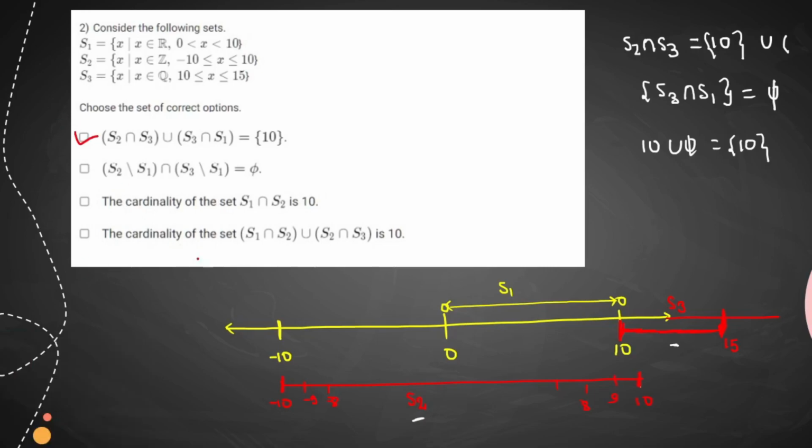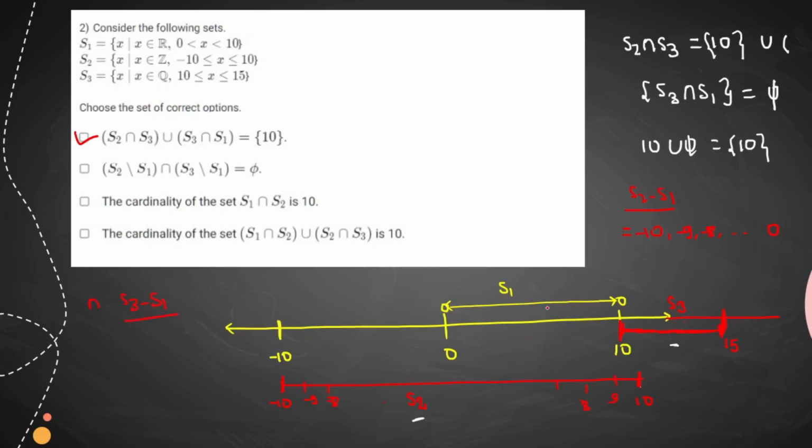The second option is S2 minus S1. So S2 minus S1 will be from minus 10, minus 9, minus 8, up to 0, since S1 is not including 0. Then we have to take the intersection with S3 minus S1.